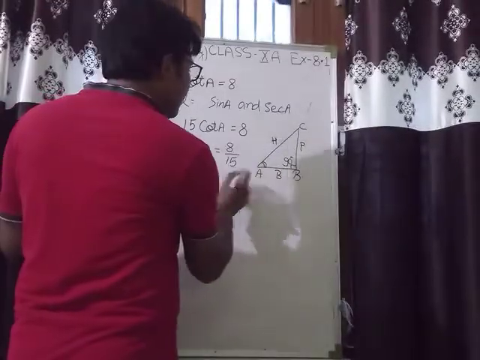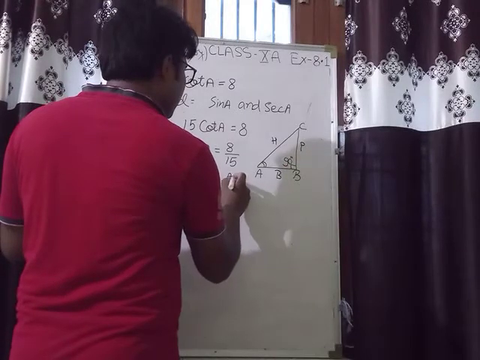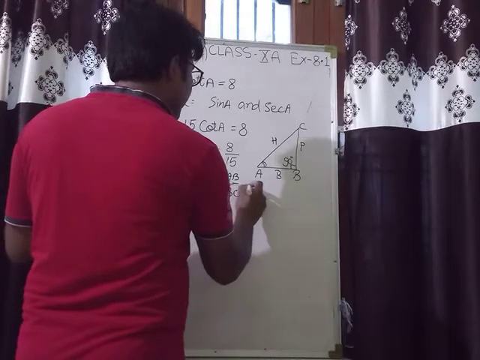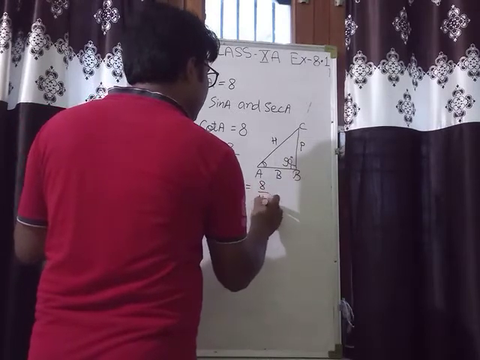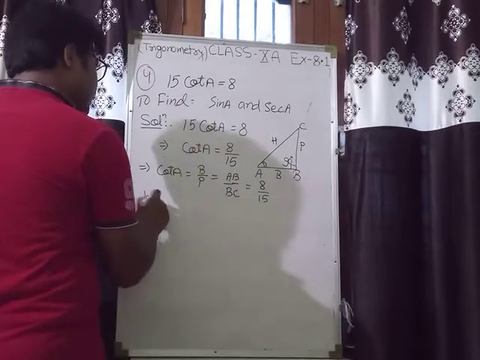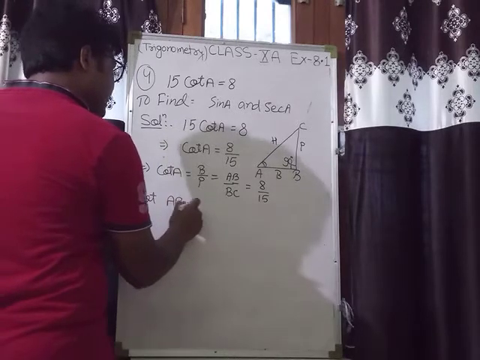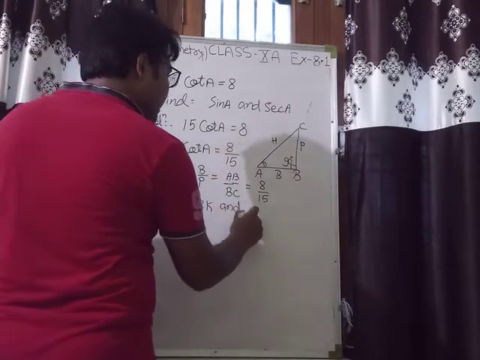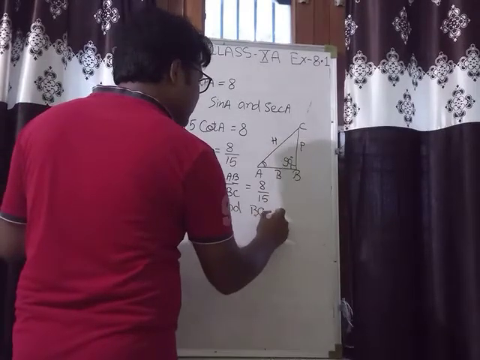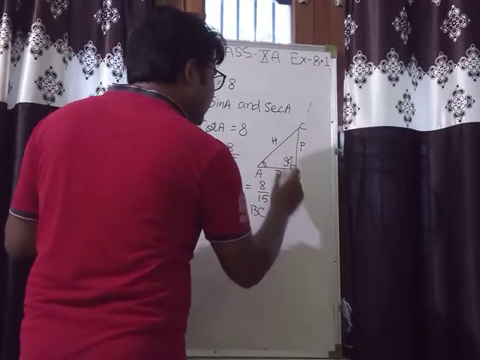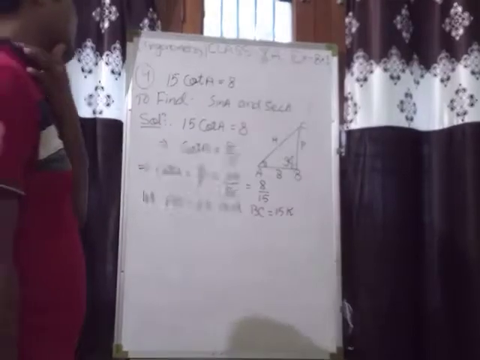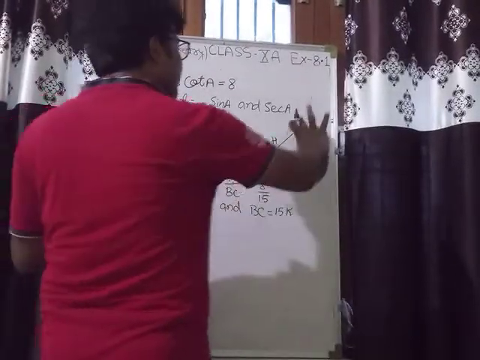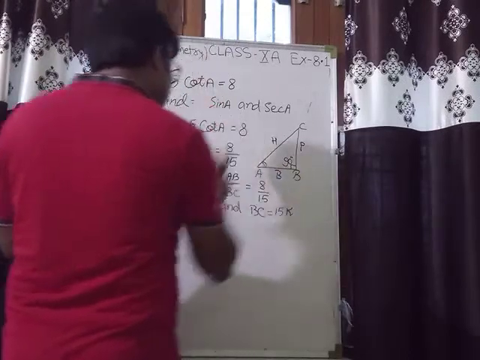So here base is AB, perpendicular is BC, and that is 8 by 15. So let AB be 8K and BC be 15K.